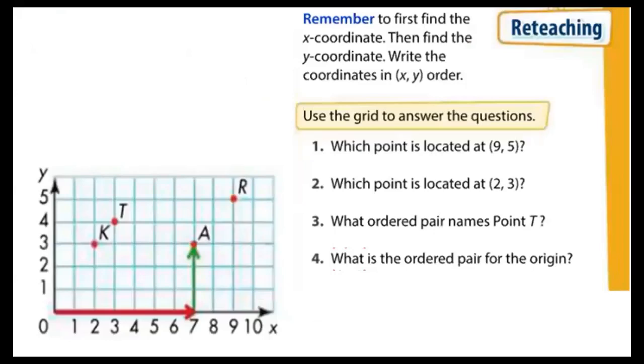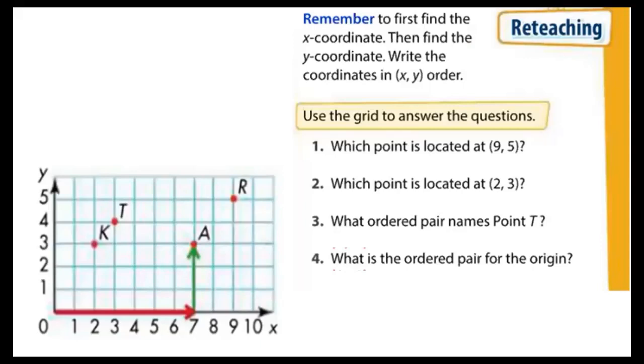In front of you on page 803, according to the given graph, remember to first find the x-coordinate and then the y-coordinate, as I mentioned, and write the coordinates in x and y order. The order goes from left to right.